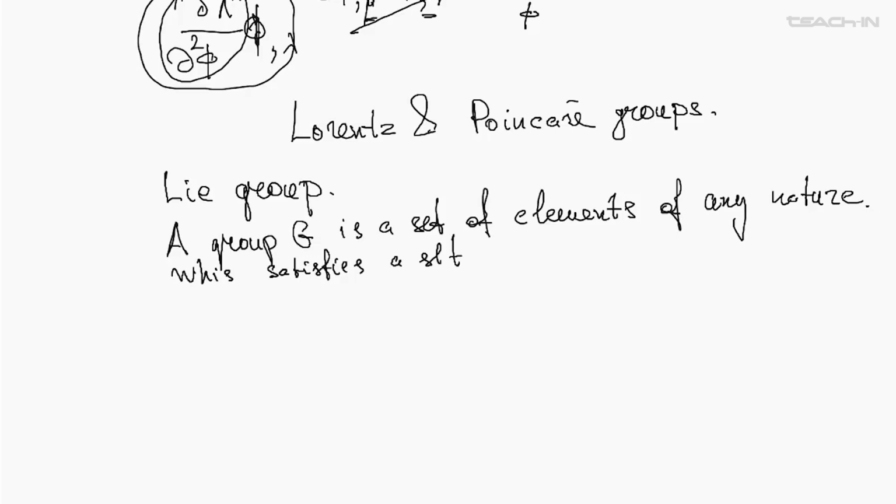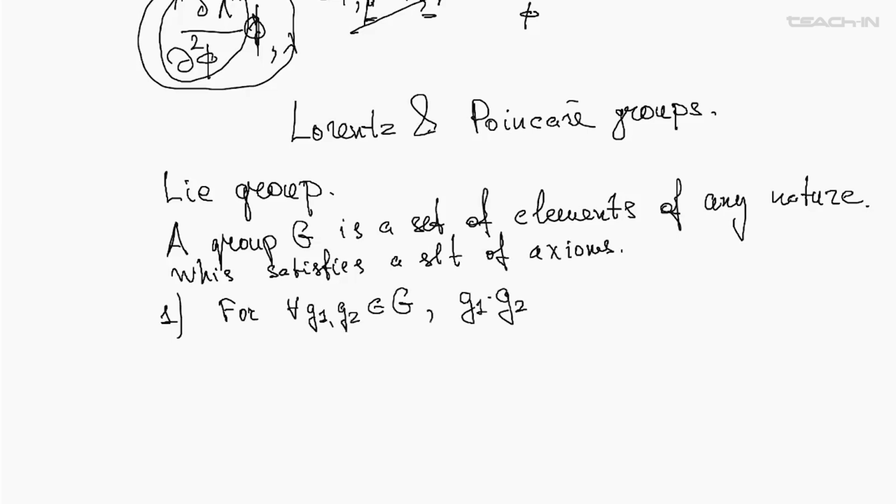First, for any two elements, g1 and g2 belonging to our group G, one can define their product, g1 dot g2, which also belongs to the group. And this product satisfies the associativity condition.